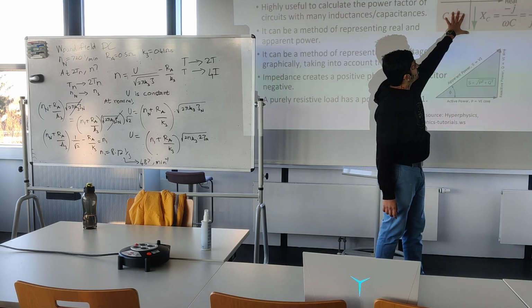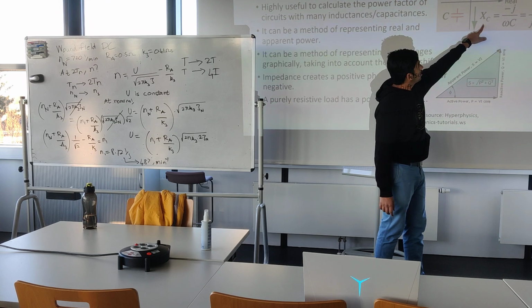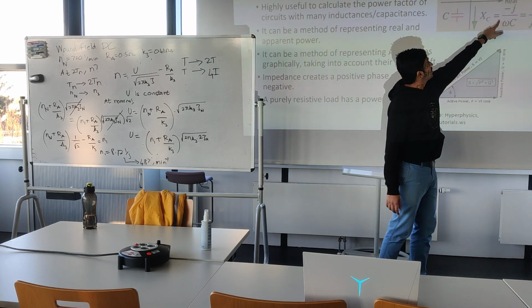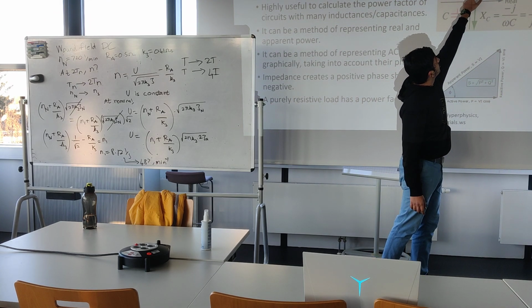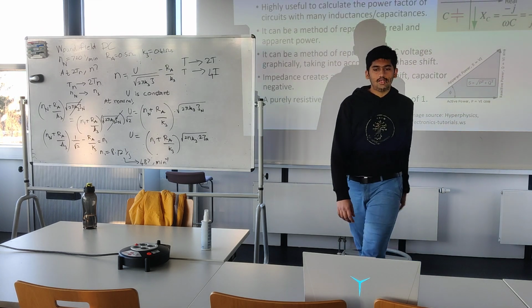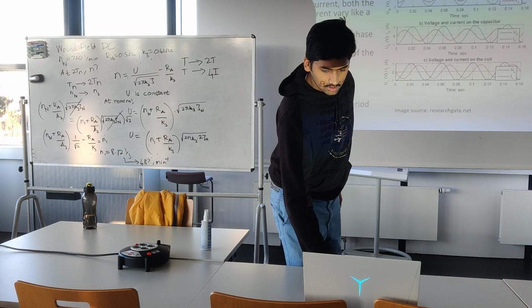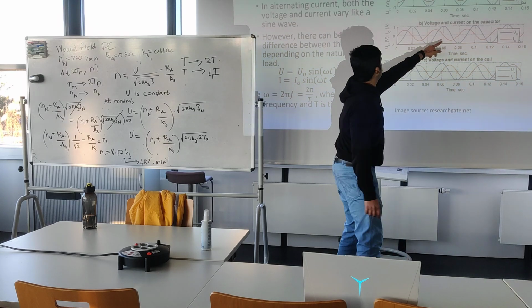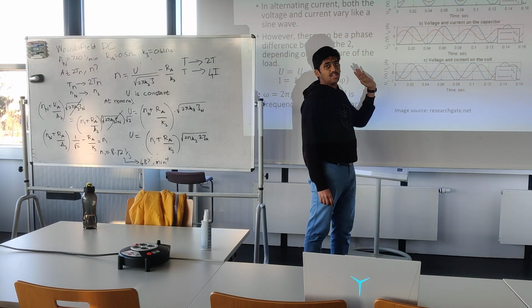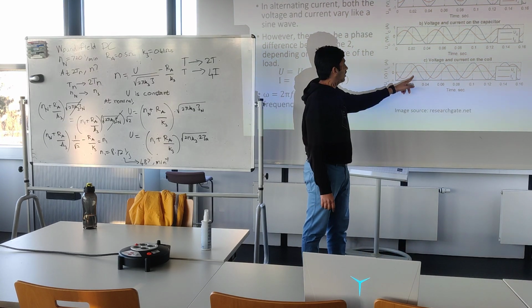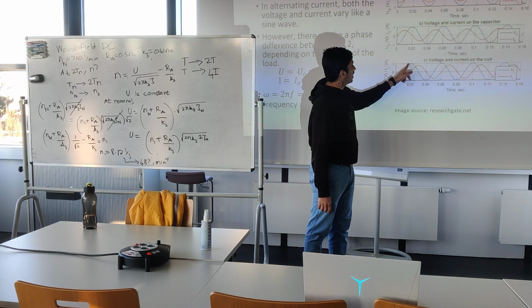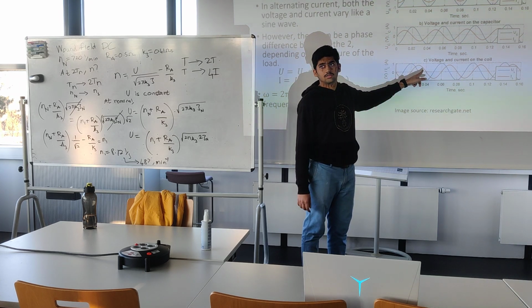We will discuss the phasor diagram in detail later, but just notice one thing, impedance of a capacitor is negative, whereas for an inductor it is positive. That is why in the capacitor, the current is lagging behind, it's coming at a later point in time, and in the inductor, the current peak is happening before the voltage peak.